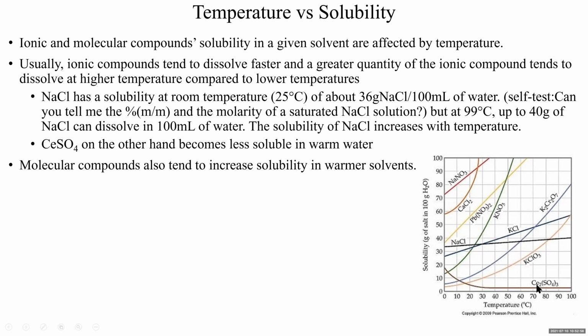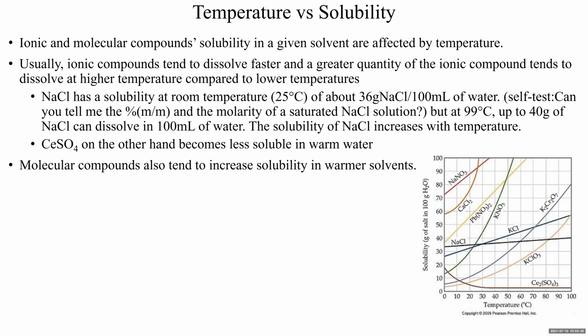Ce is the lanthanide cerium. It's one of the F block elements. Cerium sulfate or cerium 3 sulfate, its solubility actually decreases with increasing temperature. It's not the only one though. I believe calcium hydroxide and I think maybe even aluminum hydroxide are flipped, meaning as you increase the temperature, their solubility in water decreases.